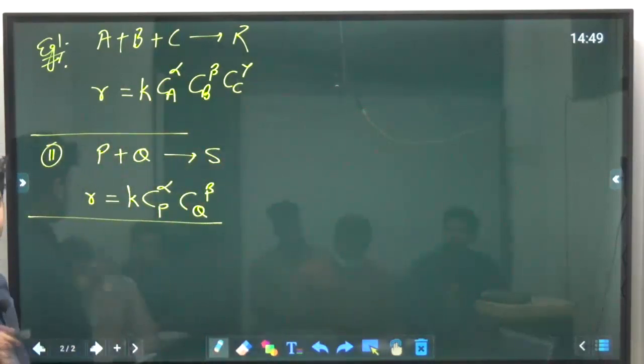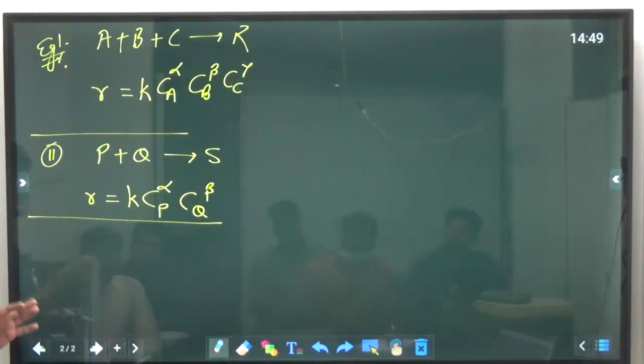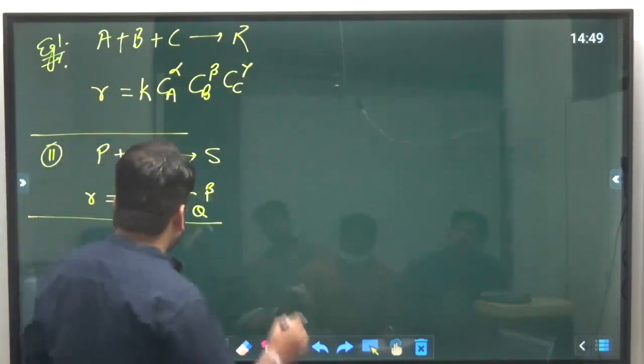Clear? Now one more thing which you should understand, the most important thing, because in CRE the most important thing is always the rate equation. If you are able to write the rate equation, then you can do anything, because mathematics is a very easy part here.